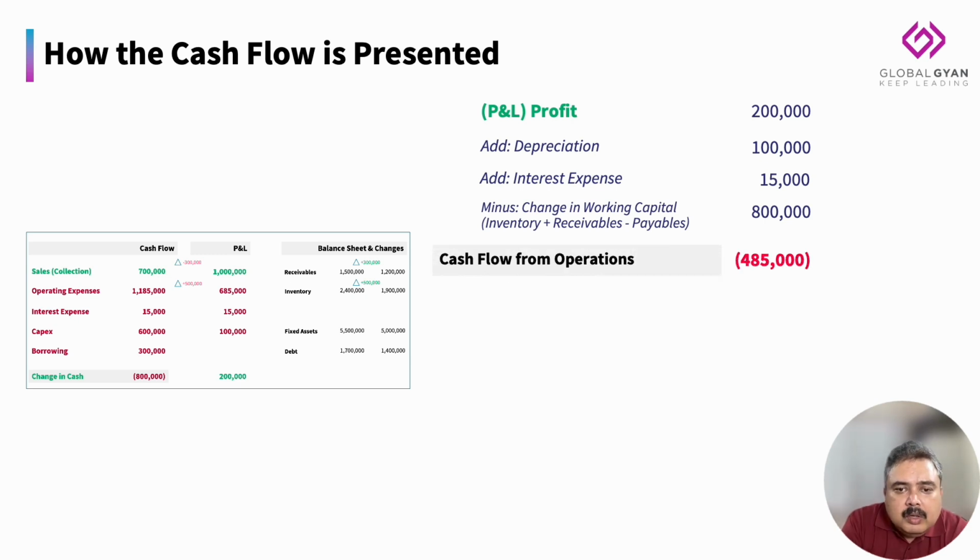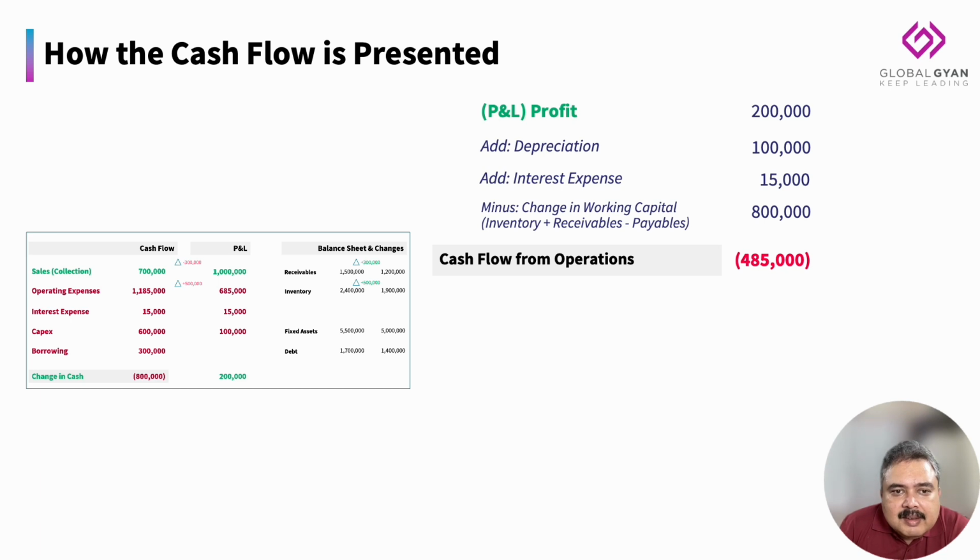So all told, we have cash flow from operations of a negative 485, which means that during this month, our operations consumed 485,000 of cash, because most of it went into building inventory, new inventory, and some of it went towards increasing our receivables.